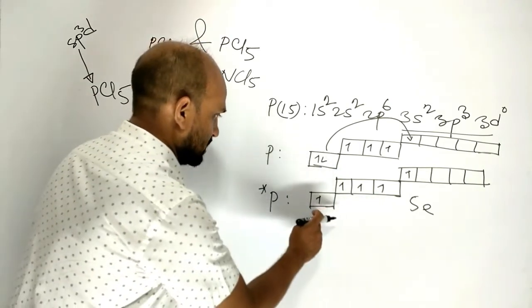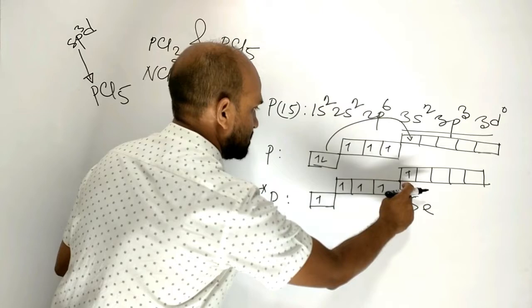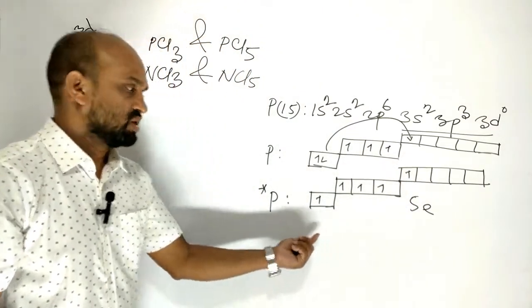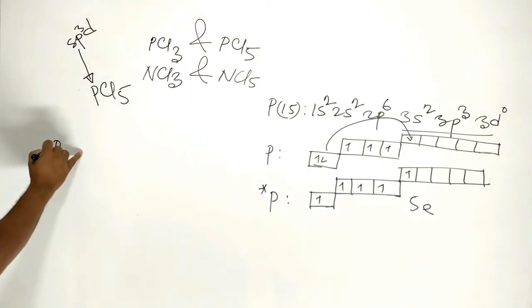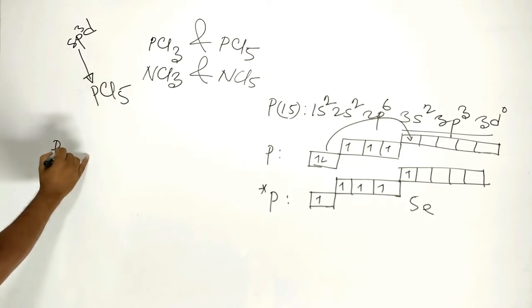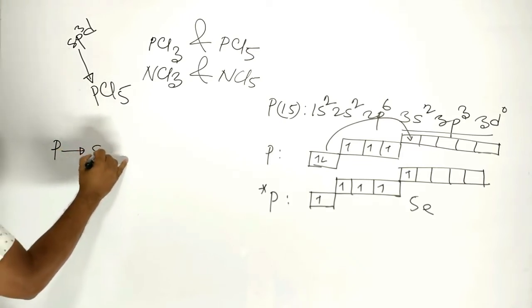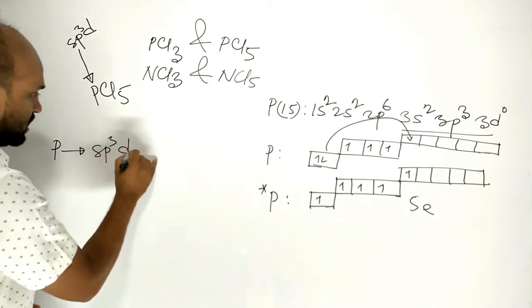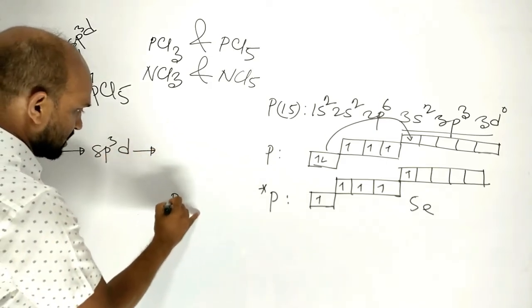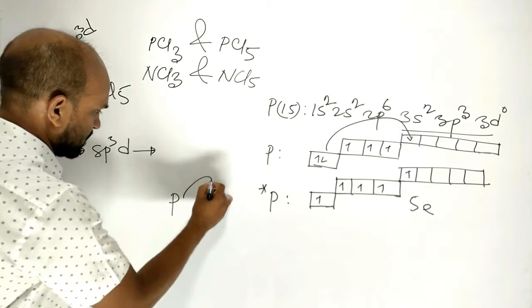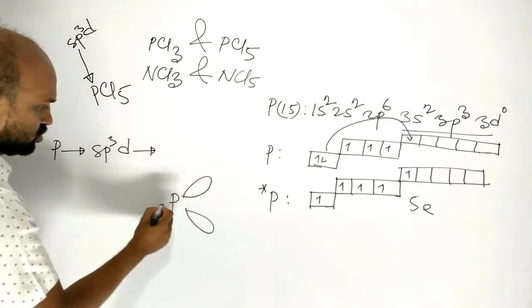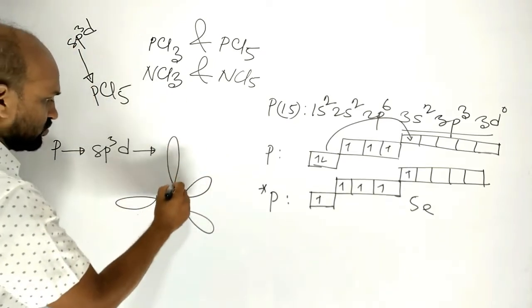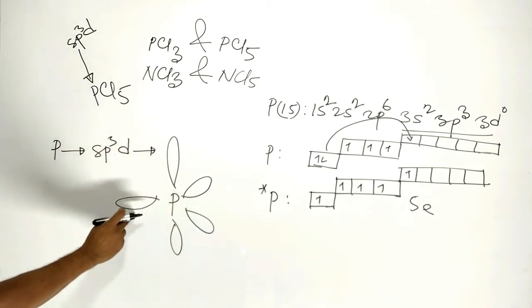Here, s, p3 and d hybridization occurs. So, in phosphorus pentachloride, phosphorus is an sp3d hybridized atom and its shape is like this. 5 orbitals are formed.